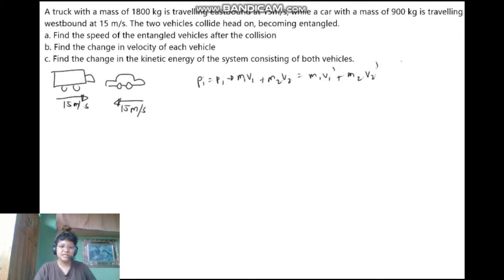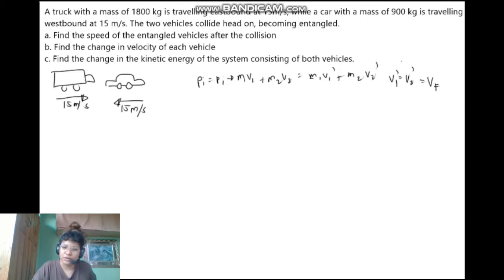Since they collide and become entangled, the final velocity of the first vehicle and the final velocity of the second vehicle are equal. Therefore, we can just refer to both of them as the final velocity.